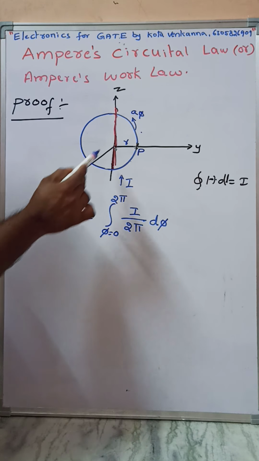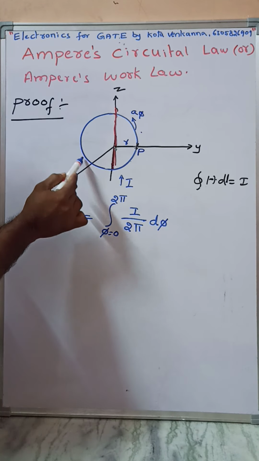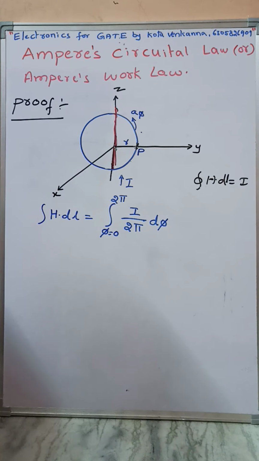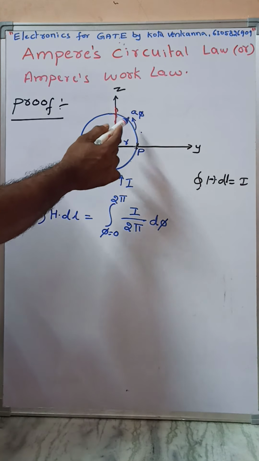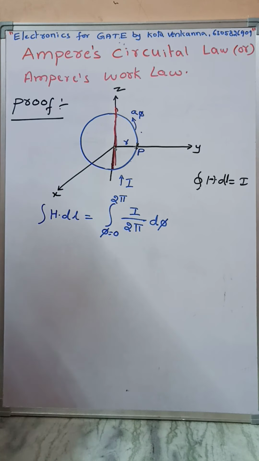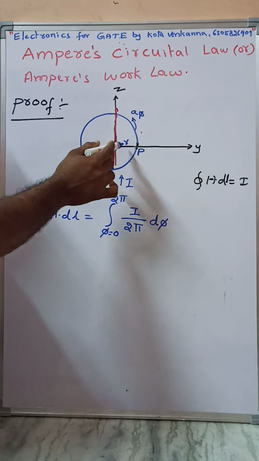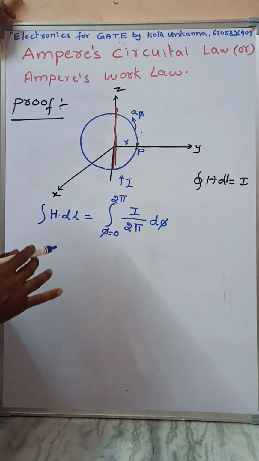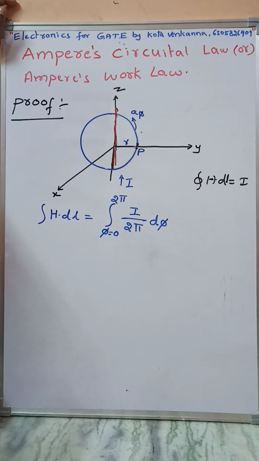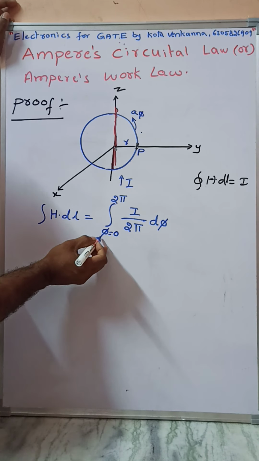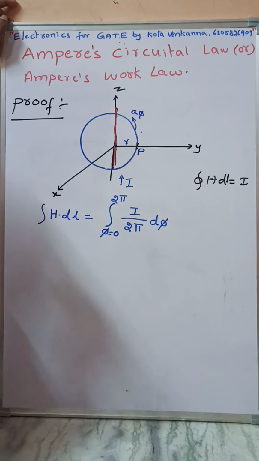Why? Because the enclosed path is circular, which starts from 0 to 360 degrees. 0 to 360 degrees must be indicated with pi from 0 to 2 pi. So that's why we take the integration from 0 to 2 pi.